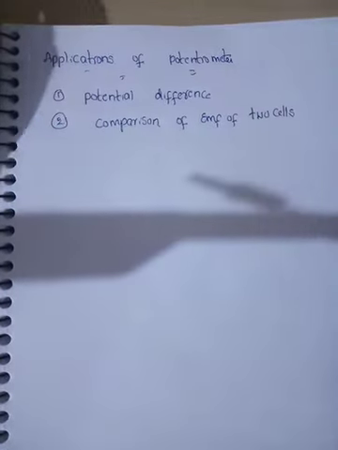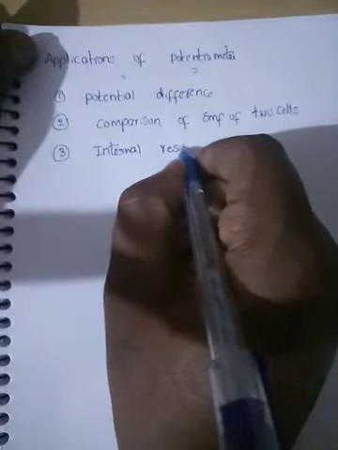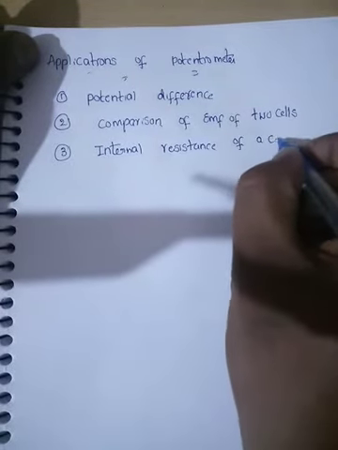And finally, the most important one, we can calculate the internal resistance of a cell. So by using this potentiometer, we can find the potential difference, compare EMF of two cells, as well as calculate the internal resistance of a cell.